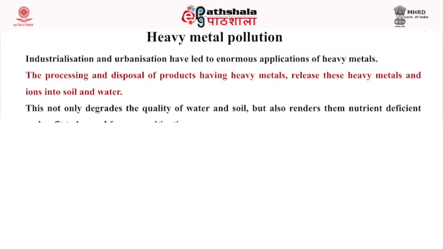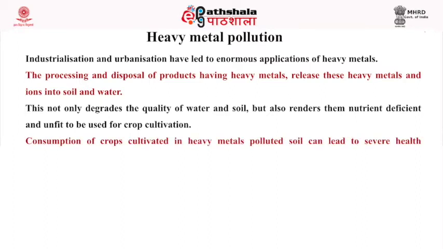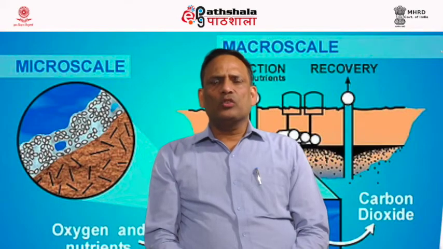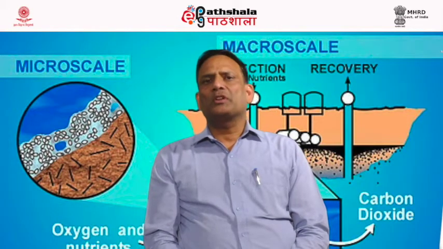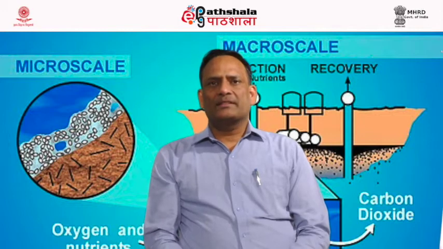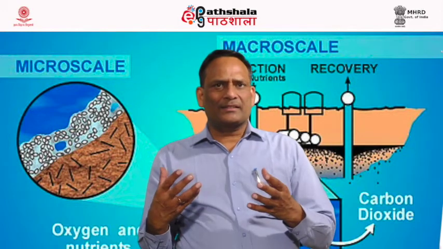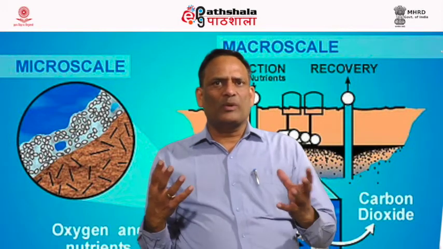This not only degrades the quality of water and soil, but also renders them nutrient deficit and unfit to be used for crop cultivation. Consumption of crops cultivated in heavy metals polluted soil can lead to several health effects. We already know the health effects of a number of heavy metals, and a number of disasters you might be knowing.